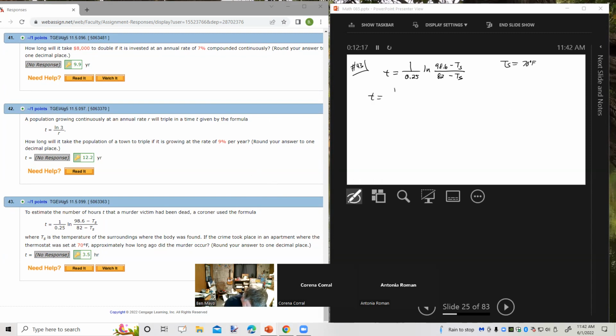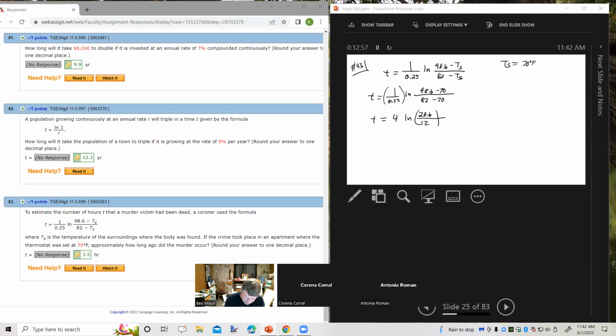So T equals 1 over 0.25 times the natural log of 98.6 minus 70 over 82 minus 70. First of all, what is 1 divided by 0.25? That's 4. And then we're going to have the natural log of 98.6 minus 70, which would be 28.6, over 82 minus 70, which would be 12.